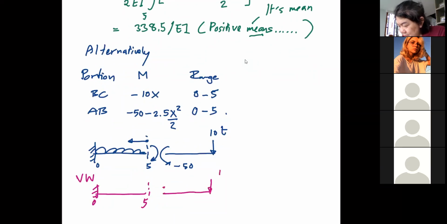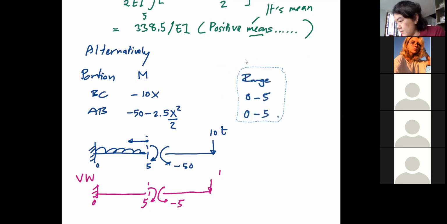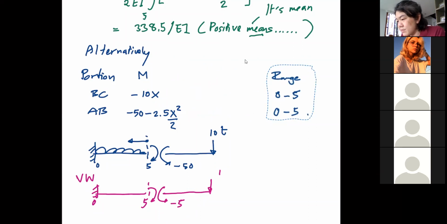This is 1, so this is minus 5. And that is also minus 5. So I'll do it again. I can move the range out. And now I can write the virtual moment for this.